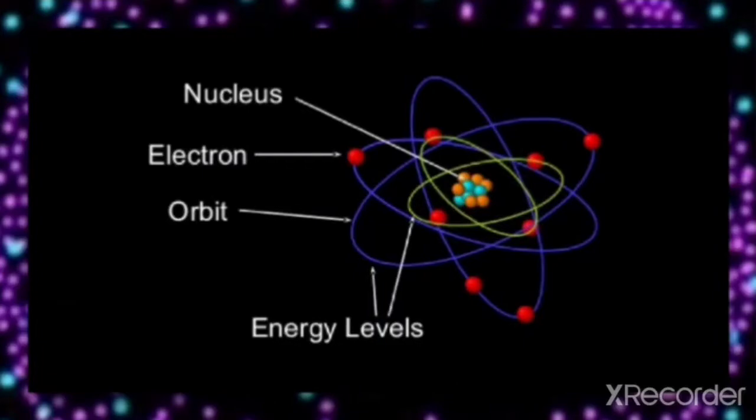As we know that protons are present in the nucleus of an atom, it is the number of protons of an atom which determines its atomic number, as all the atoms of an element have the same atomic number. So how do we define the atomic number?